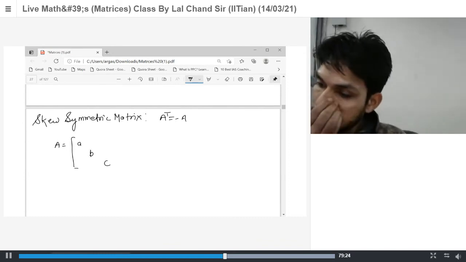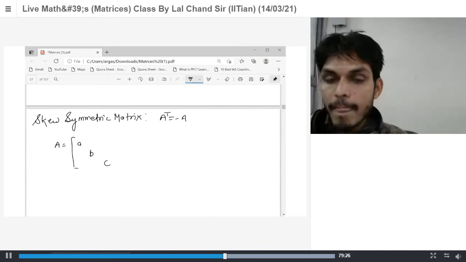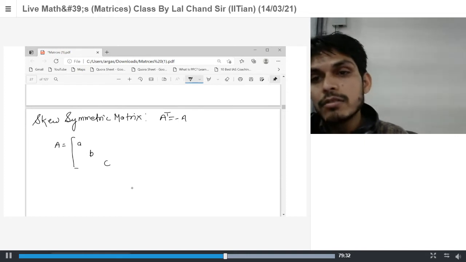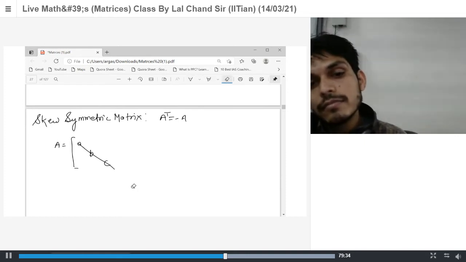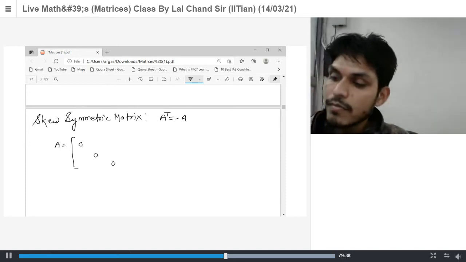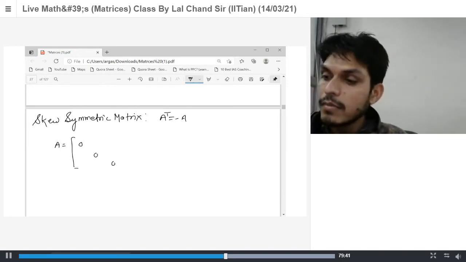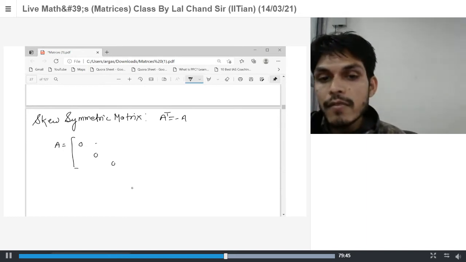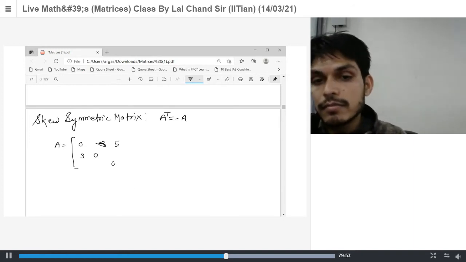The diagonal elements will be 0, 0, 0, and then minus 3, 5, 3, 2, and minus 3.